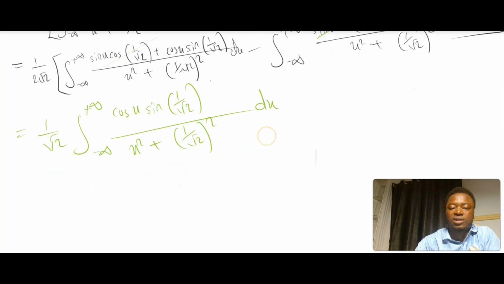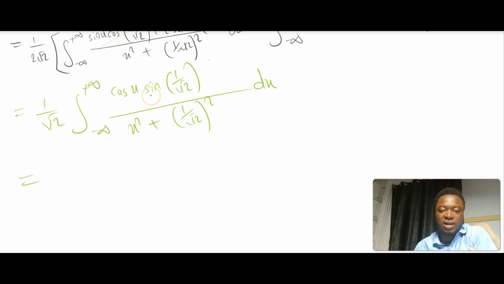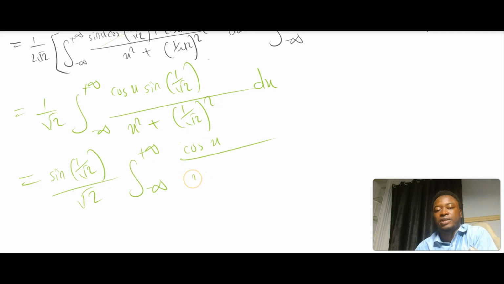Now notice that this is a constant, so this is sine of 1 over square root of 2 divided by square root of 2 times the integral from negative infinity to plus infinity of cosine of u divided by u squared plus 1 over square root of 2 squared du.